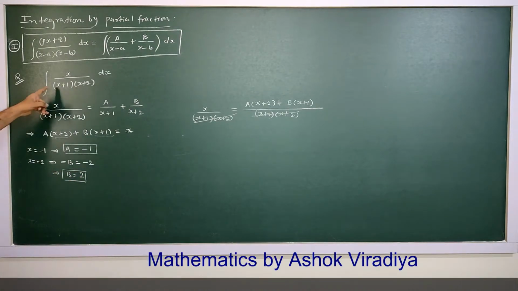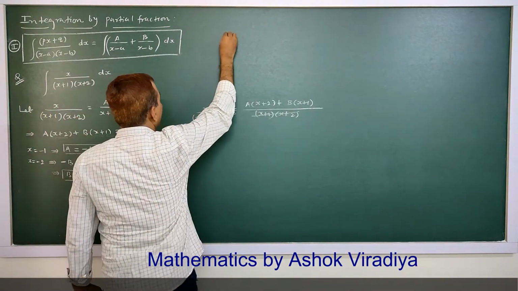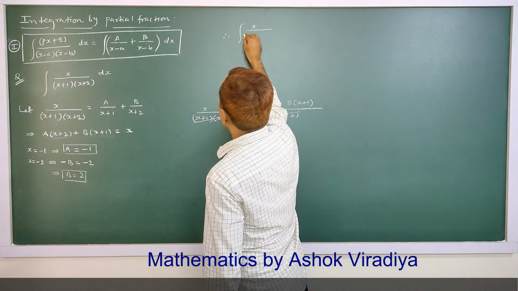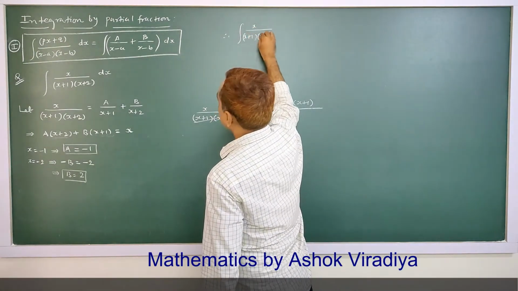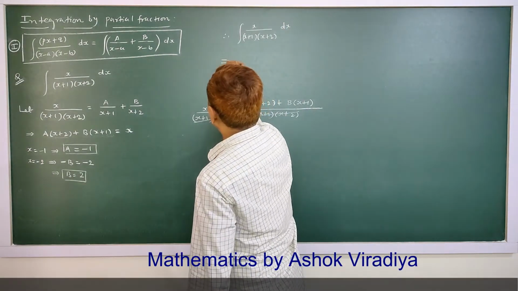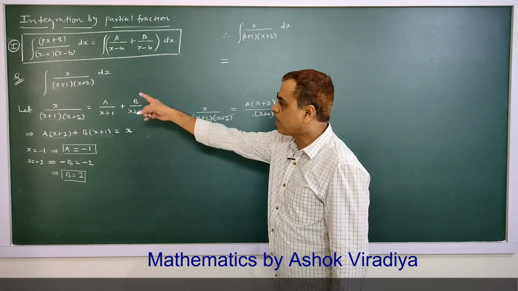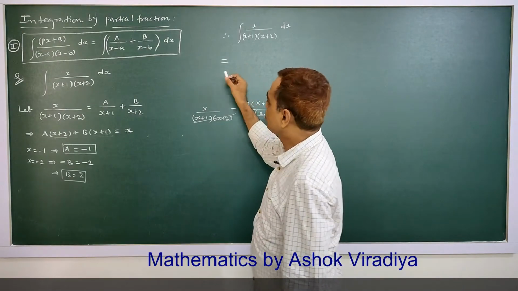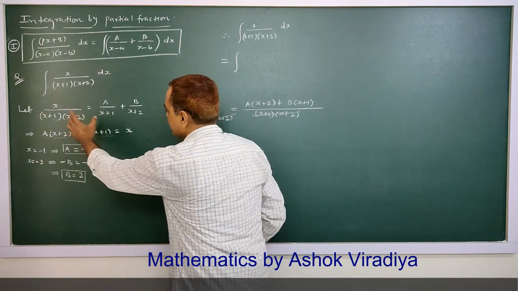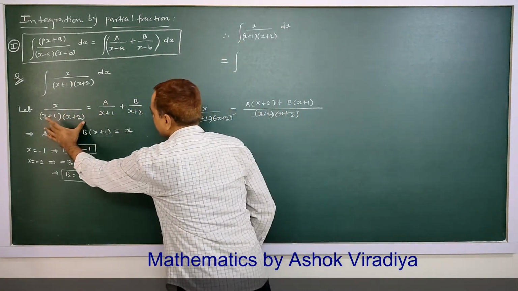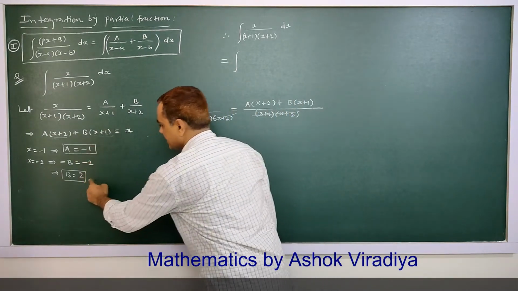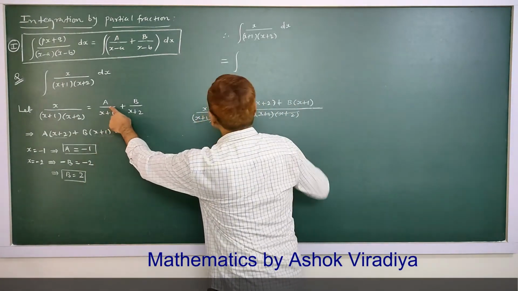So therefore the integral of x upon x plus 1 into x plus 2 dx is equal to the required integral, which is the integral of, now look, I am replacing this expression by this new expression by substituting the values of a and b. So what is a? Minus 1.